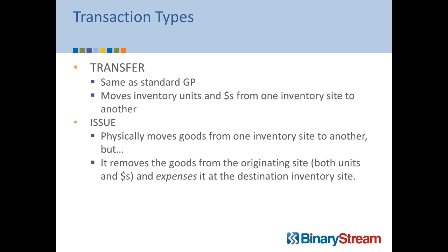So why do we do that? Well, we do that primarily because in healthcare, by the time those goods get to the consumption site, we don't have very good inventory control. So again, based on the GAAP conservatism principle, the idea being that as soon as we move the goods, we want to expense them.